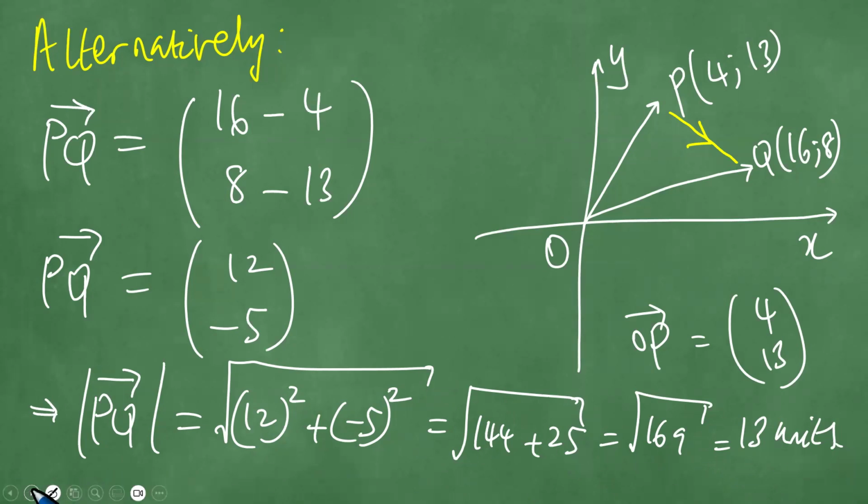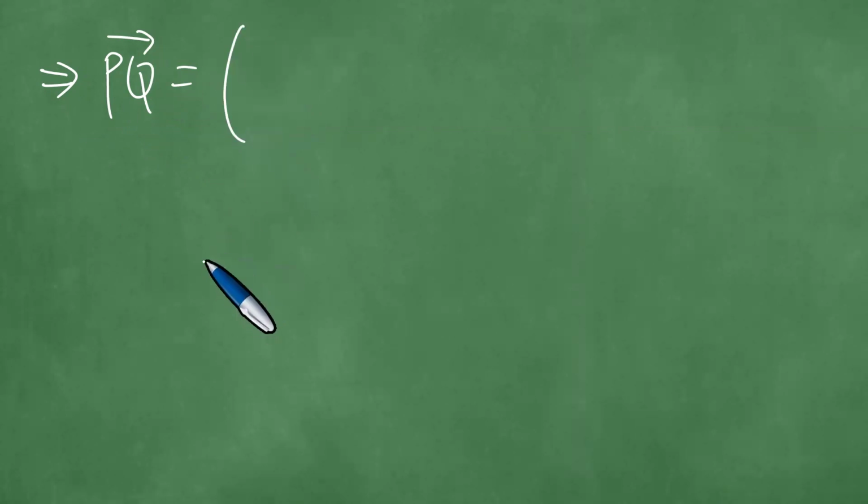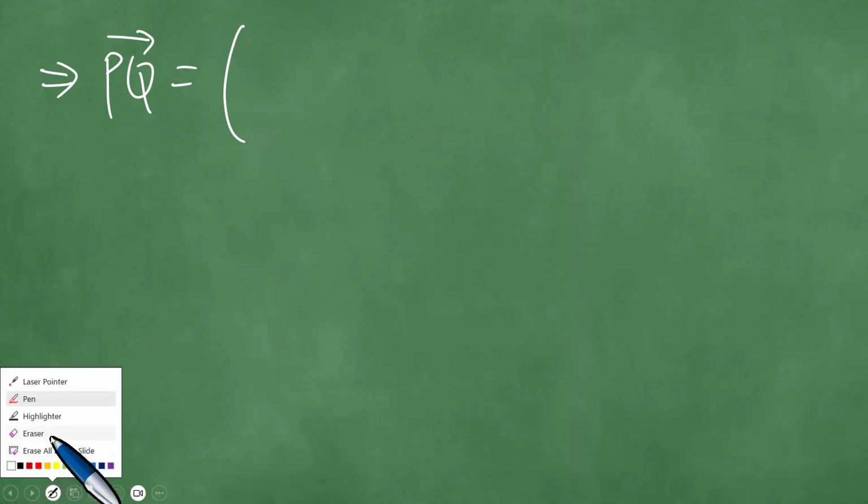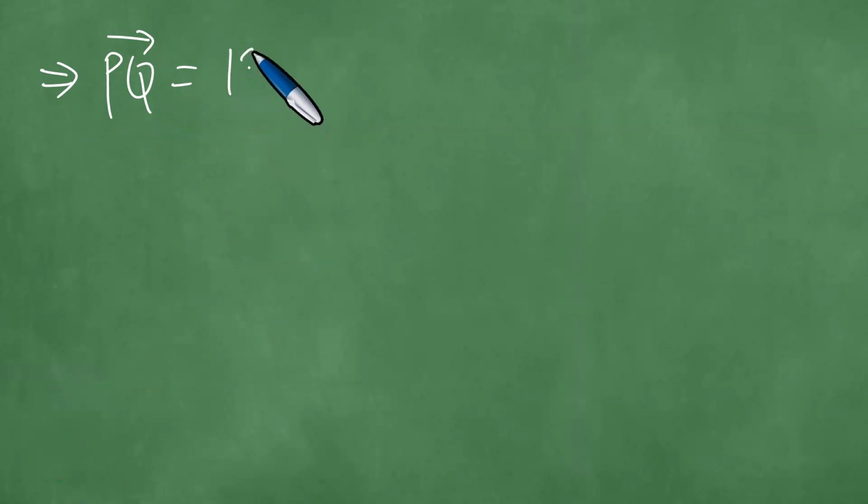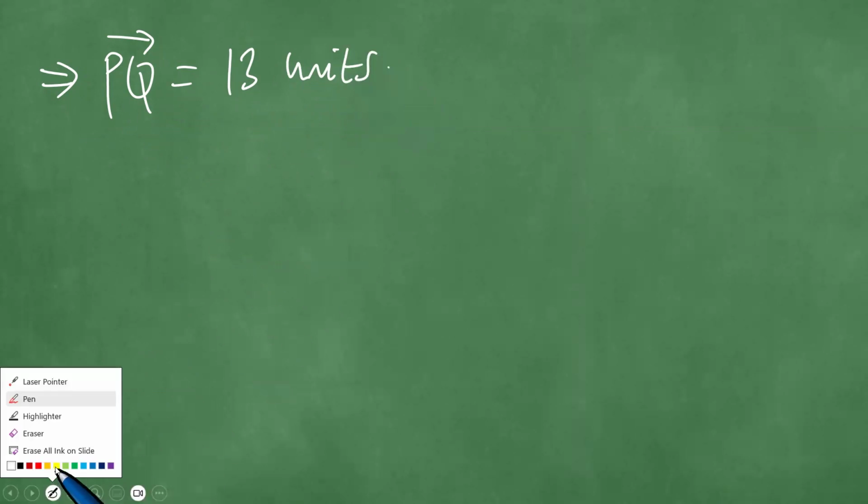And therefore this implies that PQ is the same as 13 units. And this is the answer, the result.